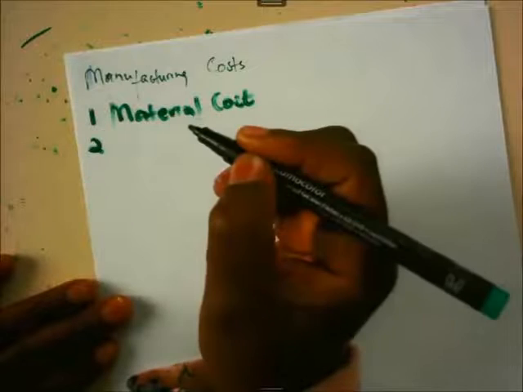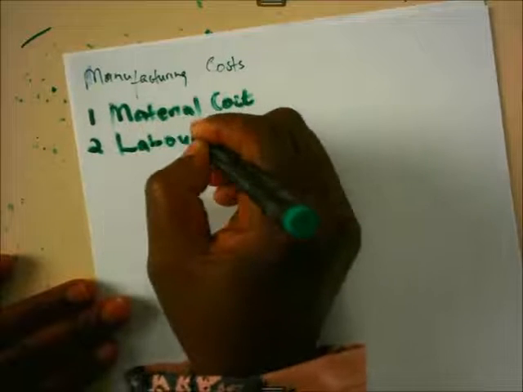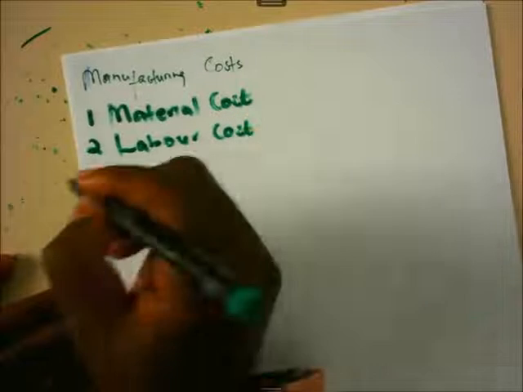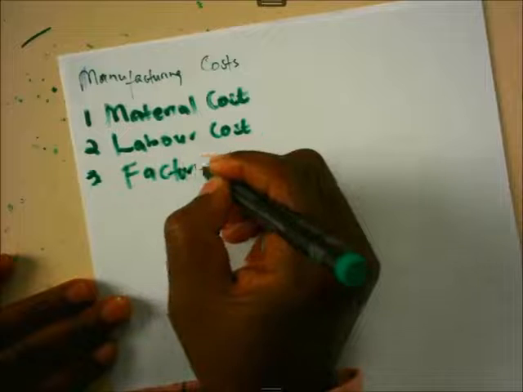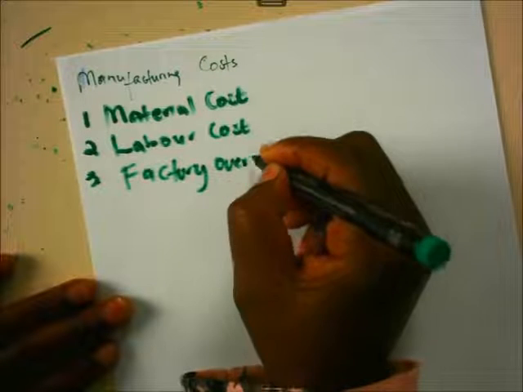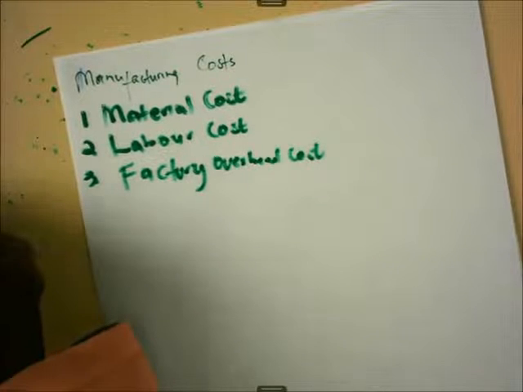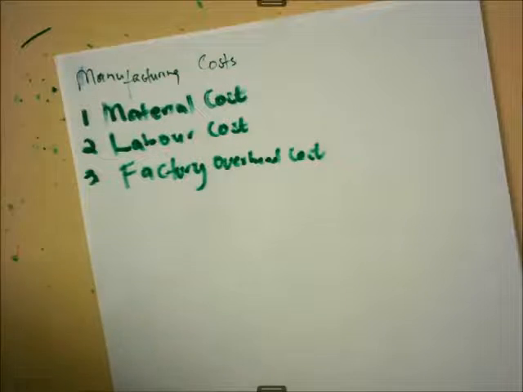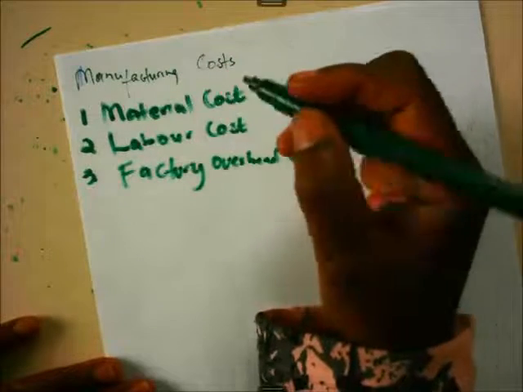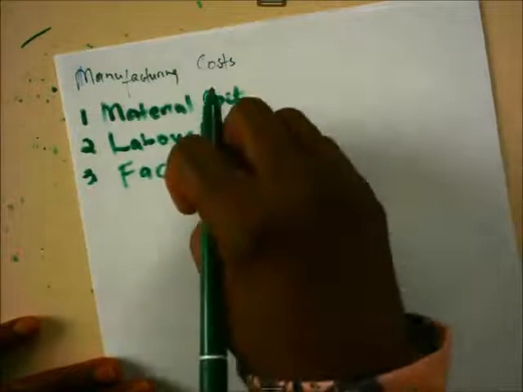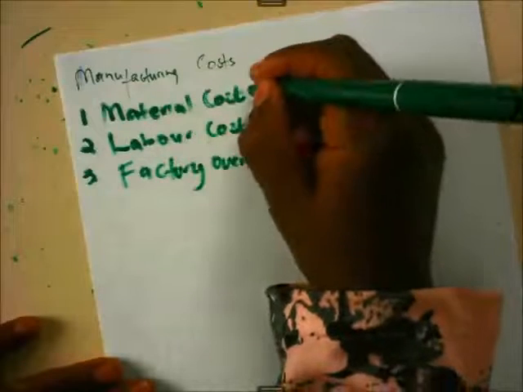The second one is labor cost. The third one is factory overhead cost or the manufacturing cost. So it will be easier for you to prepare the notes to the production cost statement if you understand this terminology. Now let us start with the first one, the raw material cost.